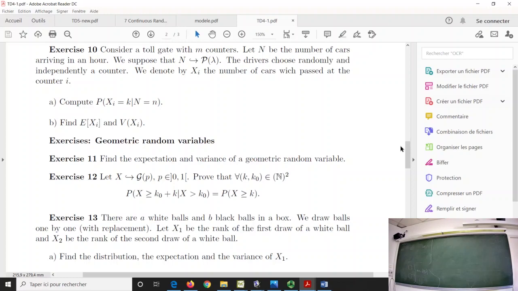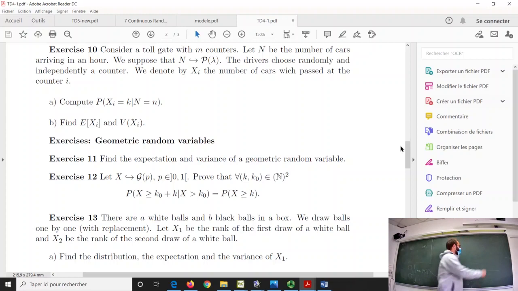Can you find the relation between capital N and the Xi? Capital N is the total number of cars. X1 is the number of cars that choose counter 1, X2 the number of cars that choose counter 2, Xm the number of cars that choose counter m.